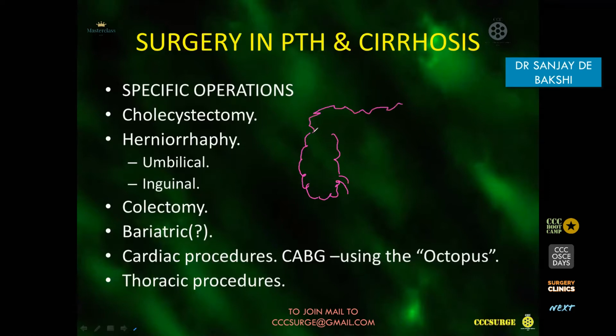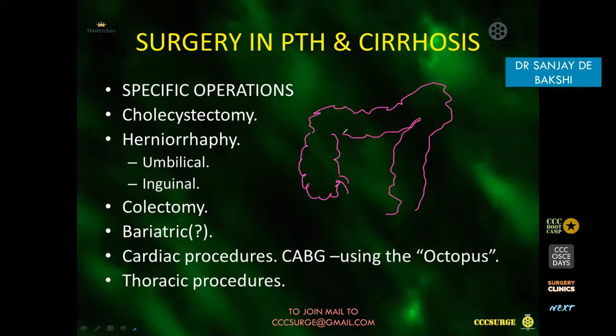So if that's the colon, you have plenty of huge anastomotic veins which lie around two main areas, and those are the main problems: around the splenocolic ligaments close to the kidneys, around the hepatic flexure, and around the kidneys as well. So these are areas which are risky. And you also have a very distended inferior mesenteric vein and an equally distended superior mesenteric vein. So you need to be very cautious about this.